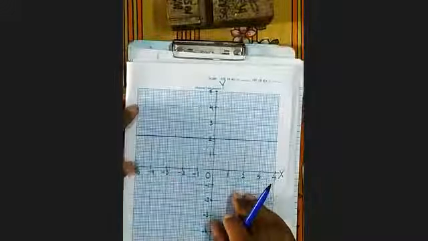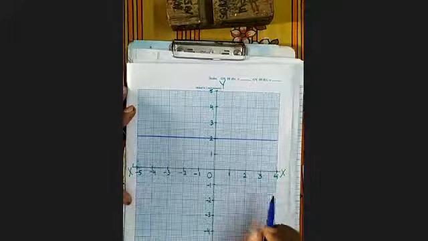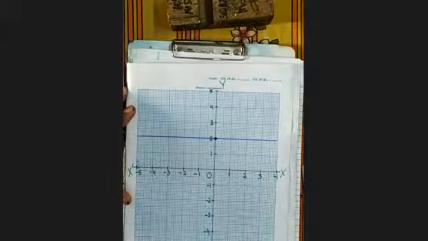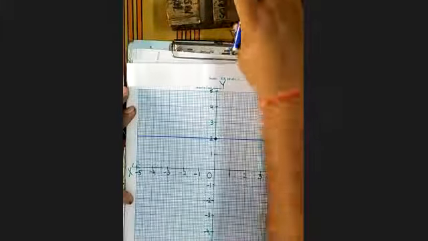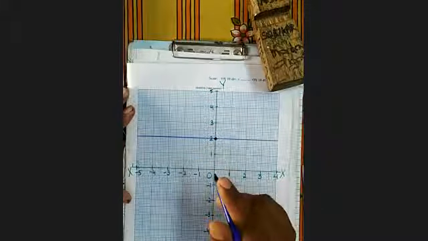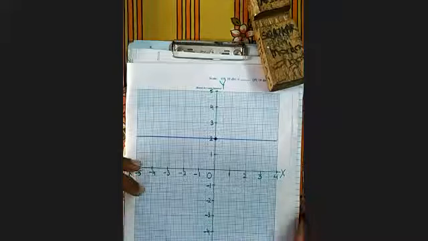Now see here, this is a line which is parallel to the x-axis. What is the coordinate of this point? Who can tell? Sir, 0,2. It will be 0,2.